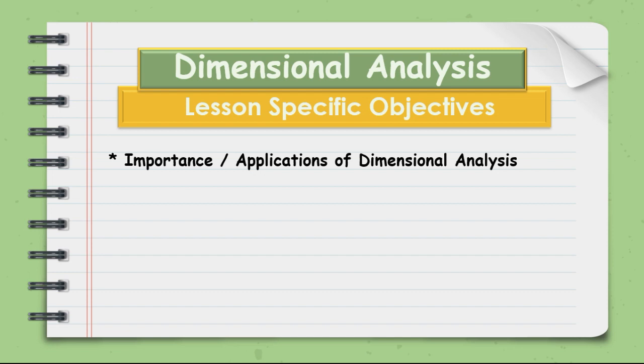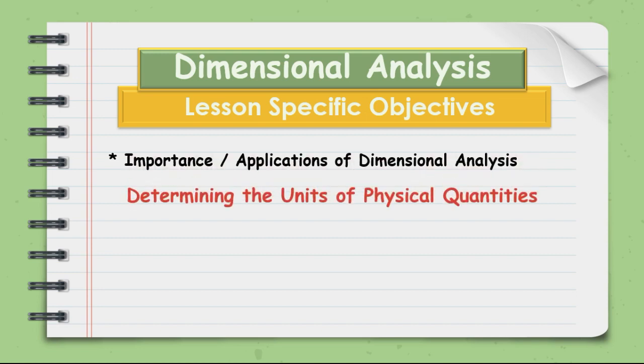During our previous lessons, we looked at the first two applications, where we said that dimensional analysis could be used to determine the validity and correctness of an equation, as well as forming relationships between physical quantities. For today, the third and last aspect is to look at ways by which units can be determined for physical quantities.